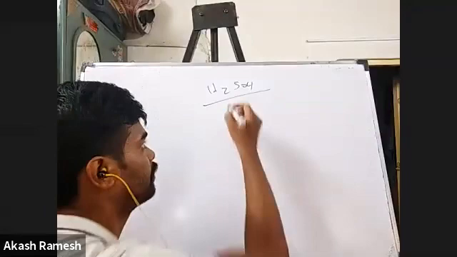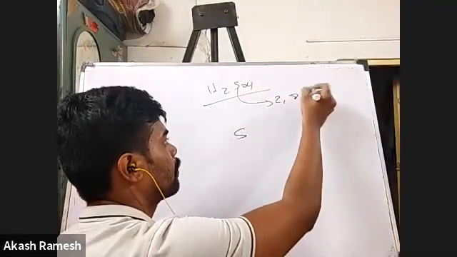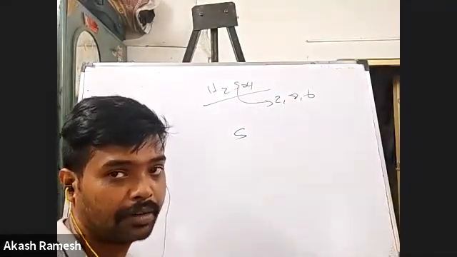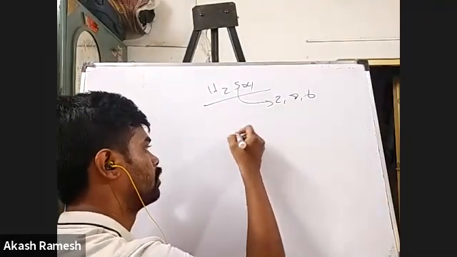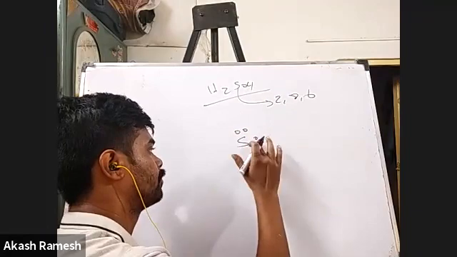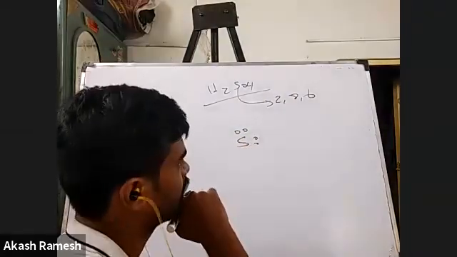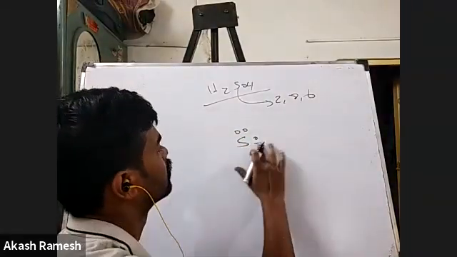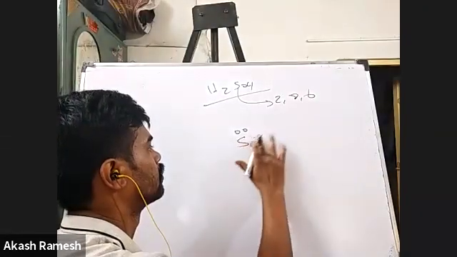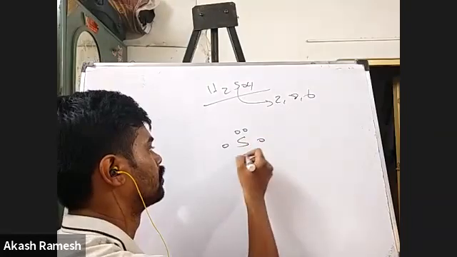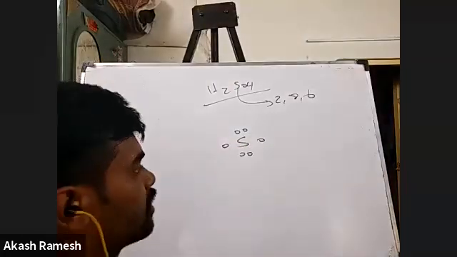Sulfur is going to have 2, 8, 6 as the configuration, right? So let me put it: 1, 2, 3, 4, 5, 6.